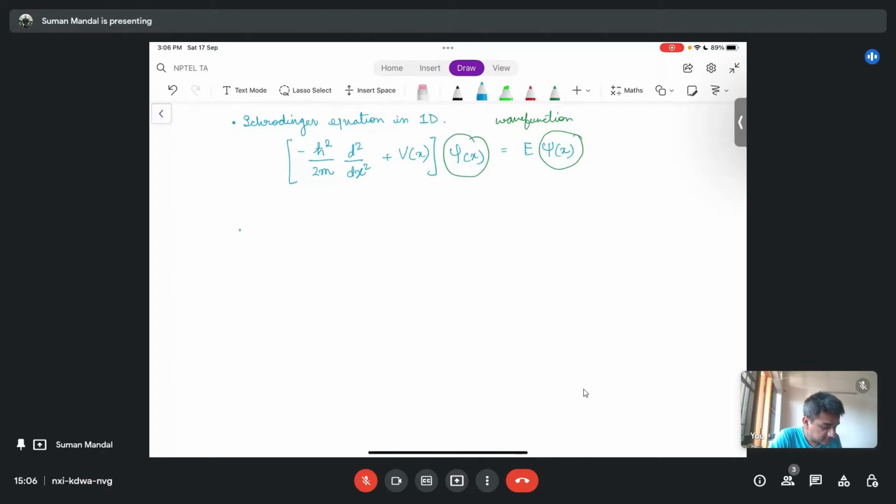To apply this, we have earlier discussed the potential of electrons. If we draw it, the y-axis is potential and the x-axis is the position. The potential of an electron looks something like this.